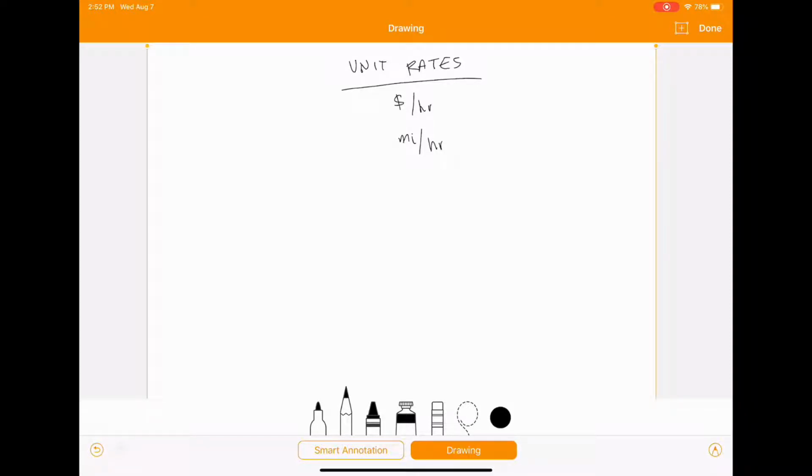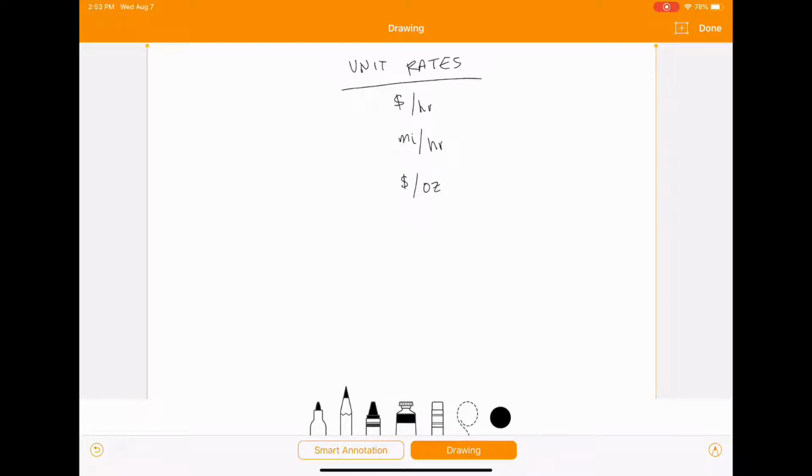You can even use it for other things like when you're shopping. A lot of times you want to compare two different items, and so you want to know the dollar per ounce of a certain item so you can compare it to a different item.